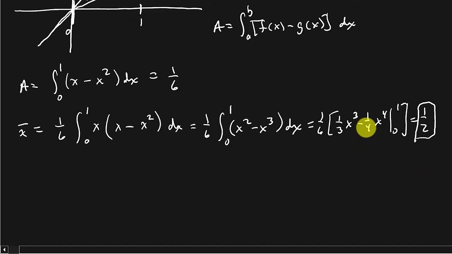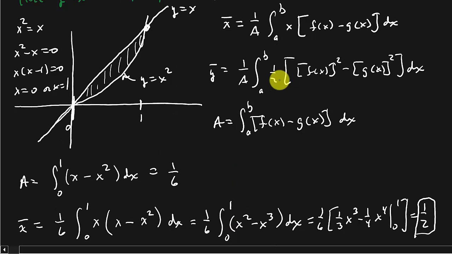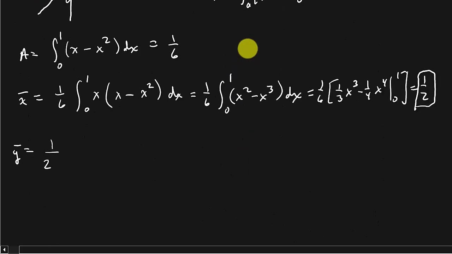Okay. And now let's look for y bar. Well, that's 1 over 2. Okay, so where's that 2 coming from? Remember, I'll take that 2 and bring it out. So there's the 2 times the area, A. So times 1/6.